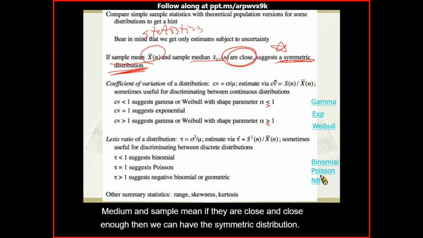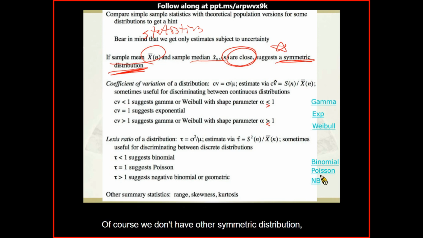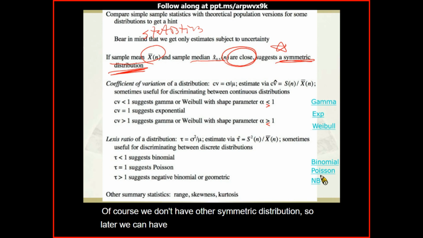This is the first one. Later we may have some plot, and you can check if they are not close, then what happens? Of course, we don't have a symmetric distribution. So later we can have the plot, then you can take a look at that plot and understand it's true. But right now we have the fact.